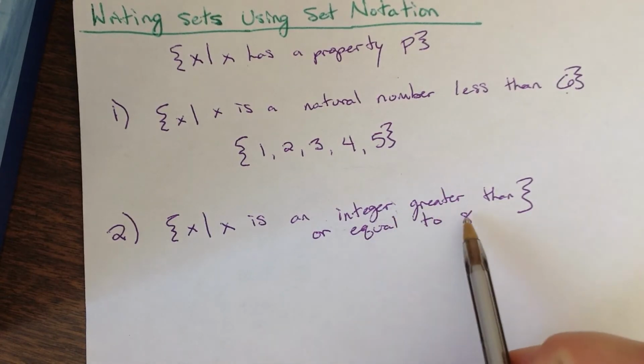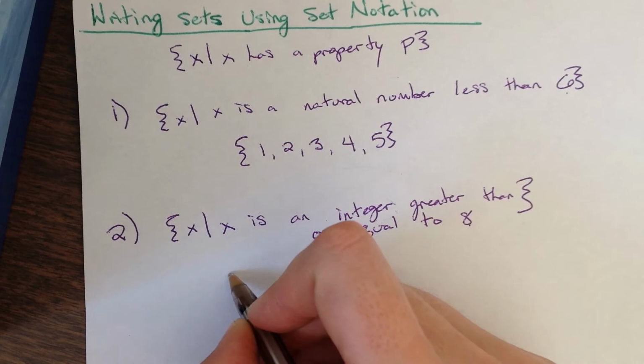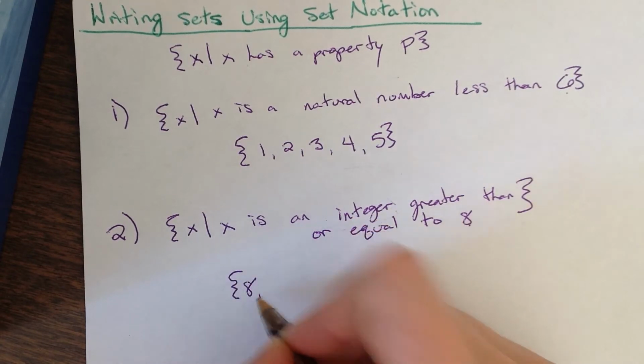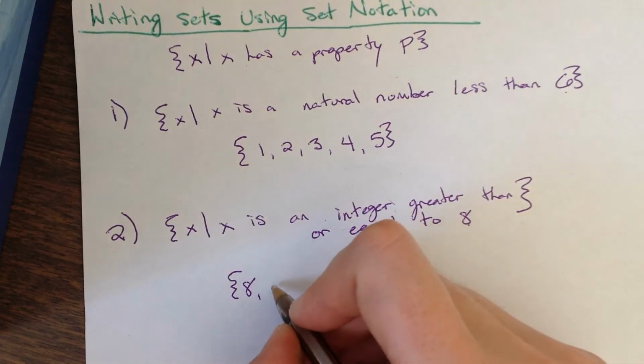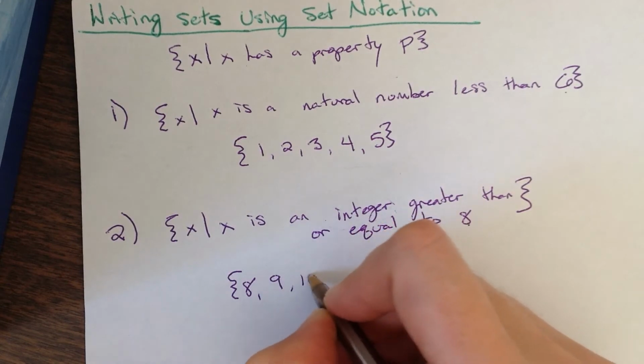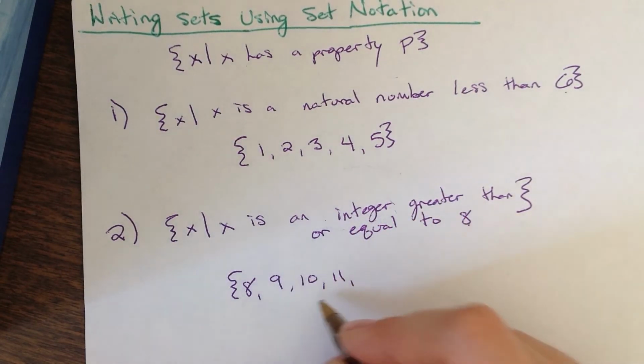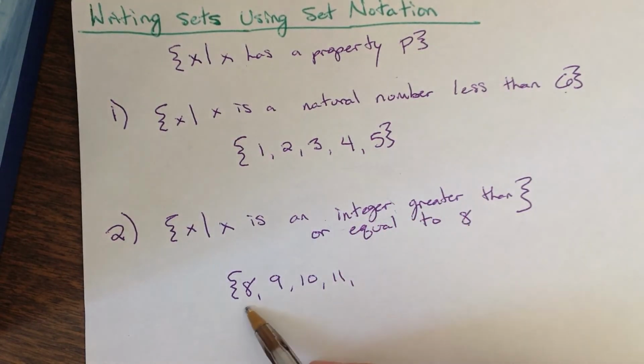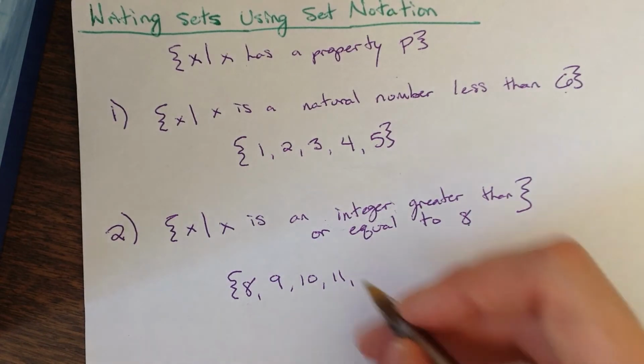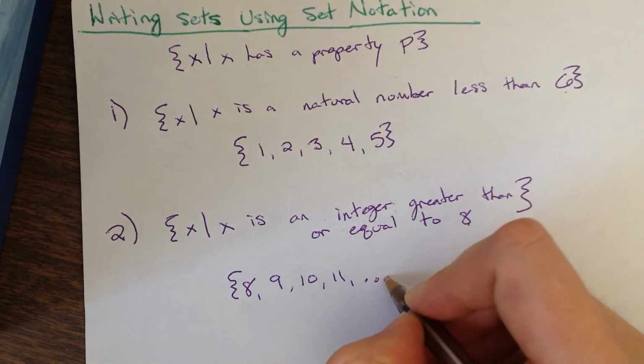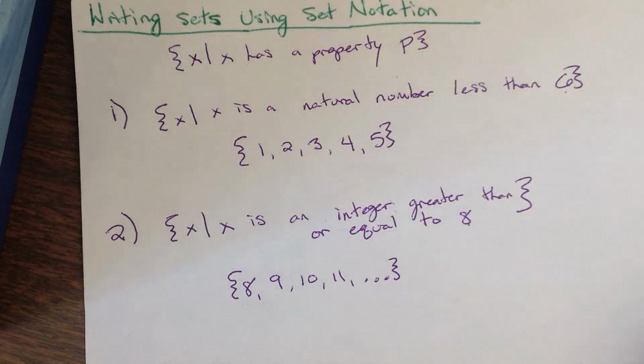And to be greater than or equal to 8 means we're going to start at the number 8 and work up 9, 10, 11. But to keep listing all that are greater than 8, it would take an infinite amount of numbers, so rather than list them all, we write our 3 dots or ellipses to show that it goes on forever past this number 8. So this is another way to concisely state this set of numbers.